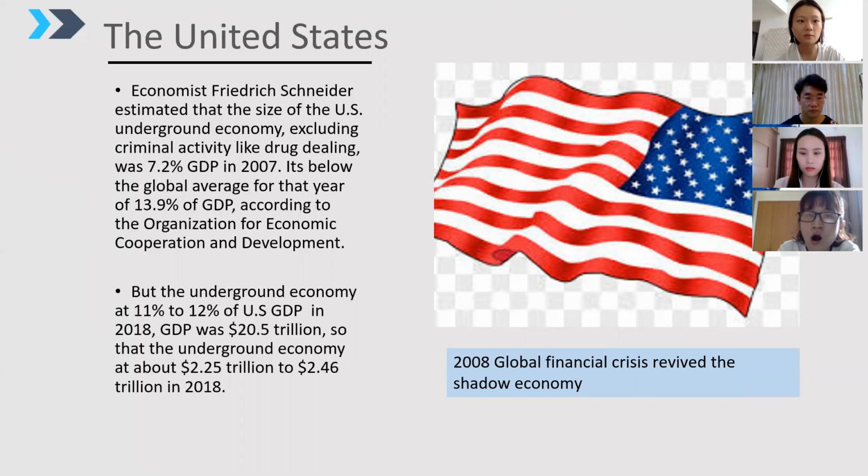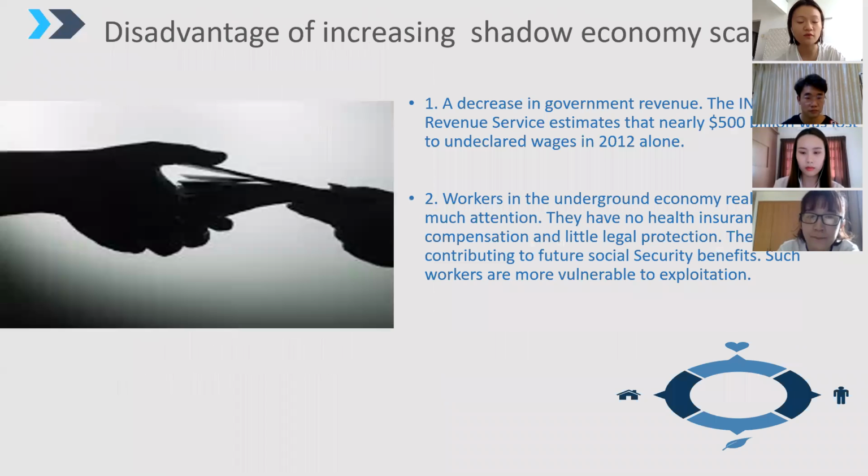So what are the disadvantages of this increase in shadow economy scale? There are two main disadvantages. The first is decreasing government revenue. The data from the Internal Revenue Service says that nearly 500 billion was lost to undeclared wages in 2012 alone.